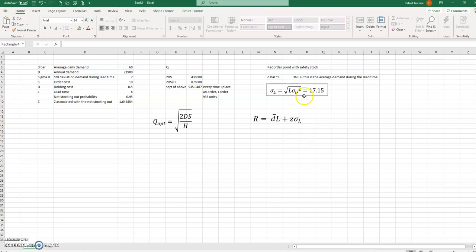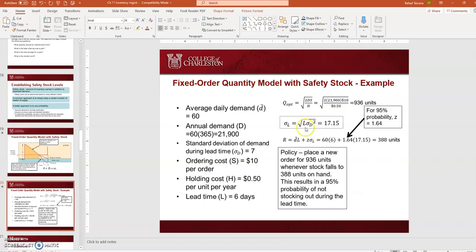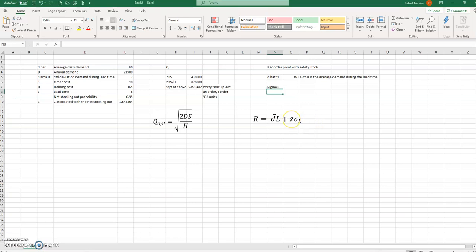So to be able to compute sigma L, what I need is the square root of L multiplied by sigma D squared. So let's just start with the sigma D squared.